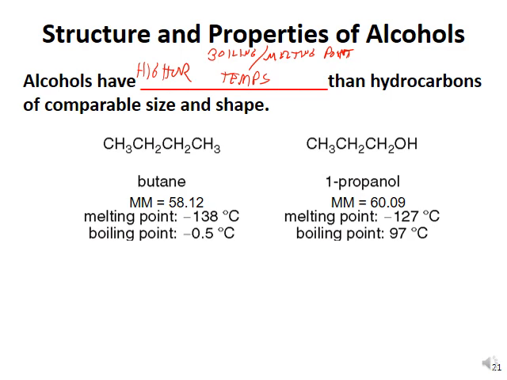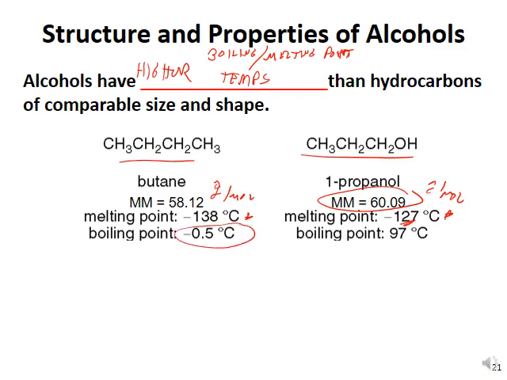So butane and butanol, very similar looking molecules, 60 grams per mole, 58 grams per mole. They're very much similar size, and maybe their melting points aren't that much different. You got to be a little bit warmer to get frozen propanol into the liquid phase, but look at those boiling points.